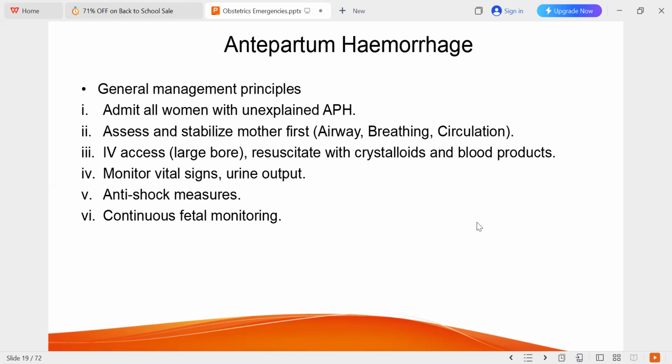So you assess and stabilize the mother first. The mother comes first. Assess for IV access, resuscitate with crystalloids and or blood, depending on the degree of the bleeding. You want to monitor vital signs and urine output. Anti-shock measures should be instituted, and you want continuous fetal monitoring.